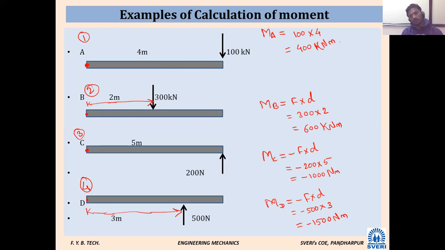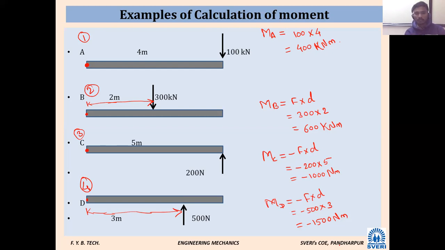Very simple. This is just how to calculate at the beginning, because in later problems we are going to solve a number of forces. For each force it may happen that a particular force is inclined, then we have to resolve that force into horizontal and vertical components, and find the moment due to each component.